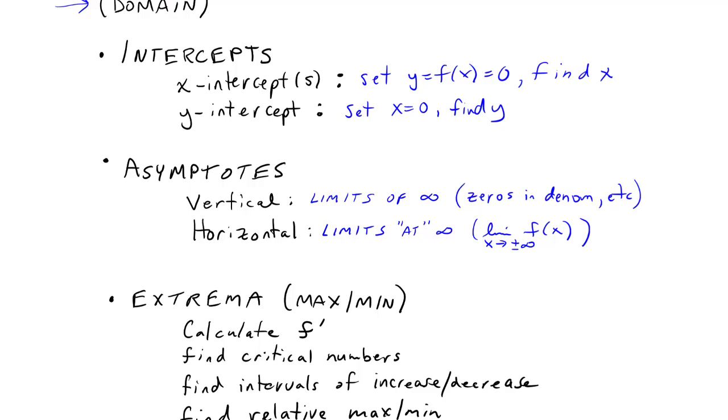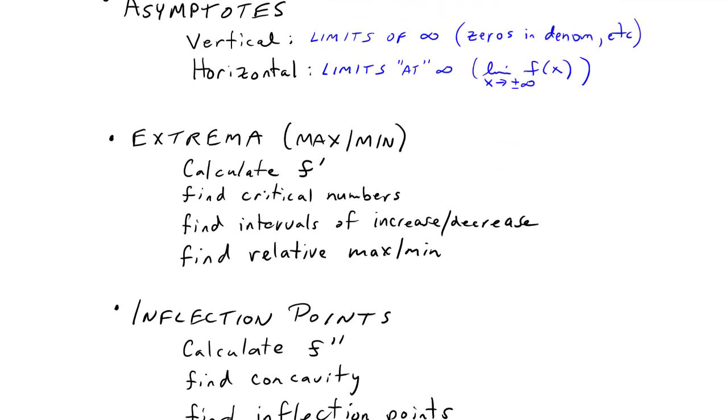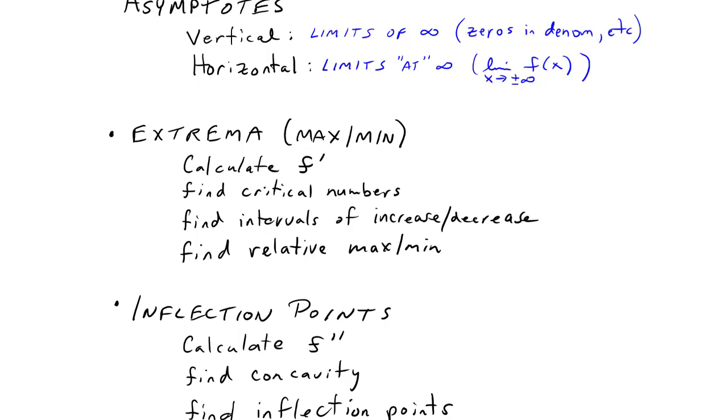All right, the next thing we went into was extrema, max and mins. Now, here we're mostly considering relative extrema, but if we did some further analysis, we could decide whether they were absolute or not. But as far as finding the relative extrema, you remember that's an analysis of the first derivative.